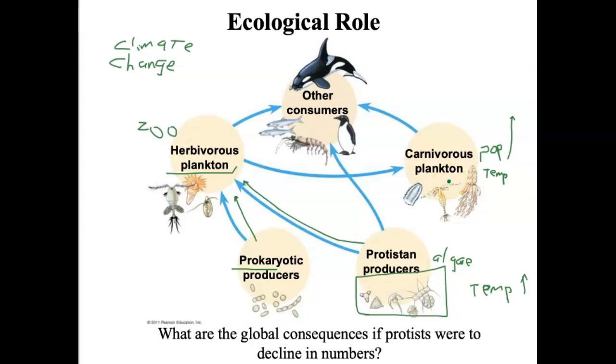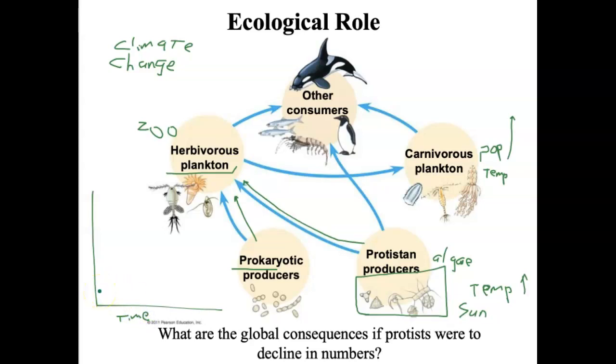The problem is the protists, the producer base, isn't increasing their population because they're not strictly tied to temperature. They also need sunlight. So traditionally what would happen, this is going to be time on the bottom, or we would say seasons.